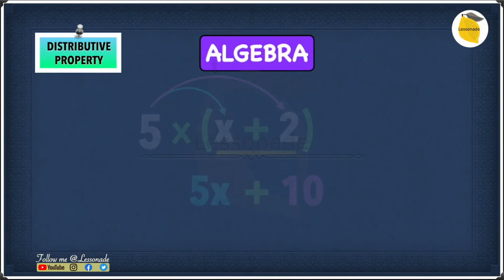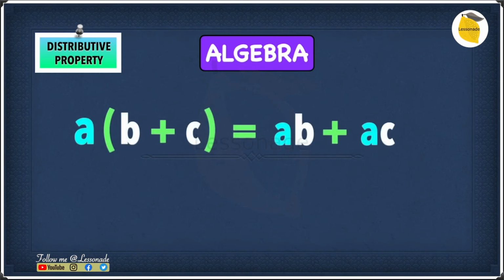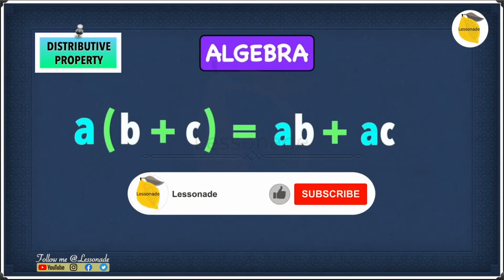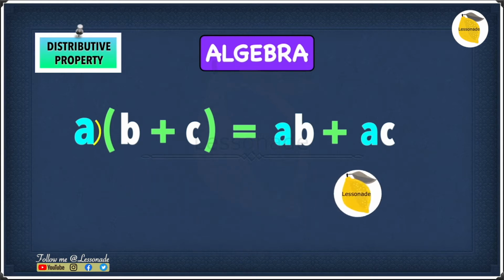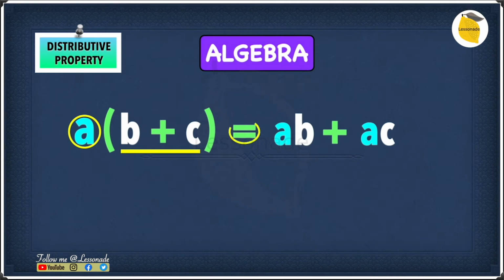Now, an important pattern we need to know in distributive property is A grouped b plus c equals AB plus AC. What this pattern says is that A times b plus c is the same as A times b plus A times c. You may wonder where the multiplication is.